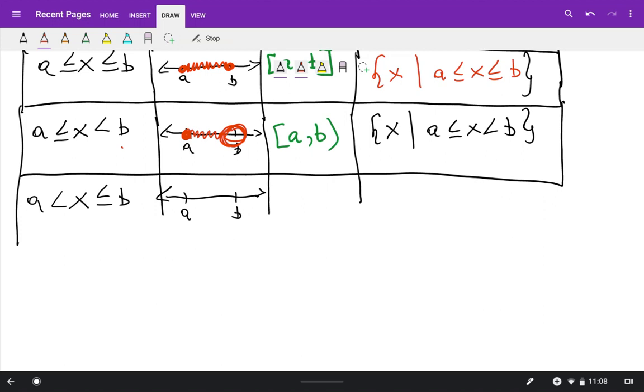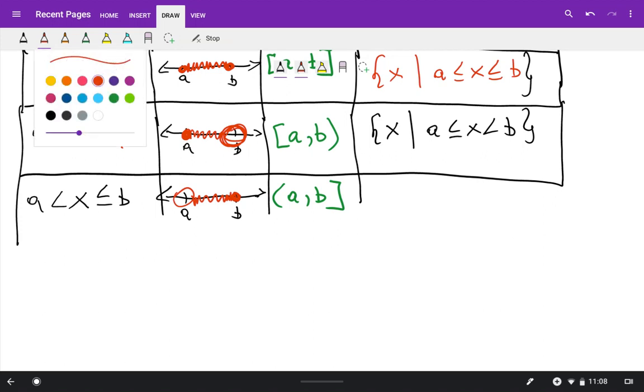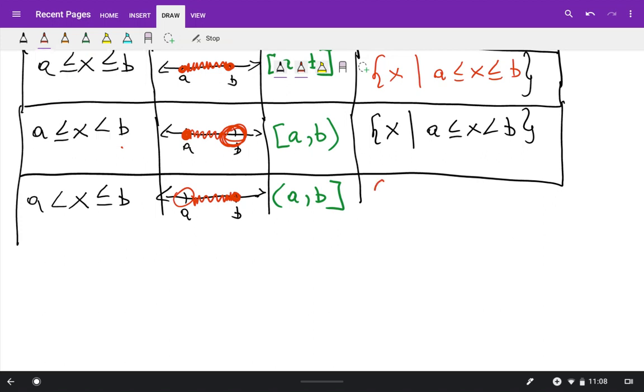In this case, a has an open circle, b has a closed circle, and you're shading everything between. So interval notation will be parenthesis a comma b bracket because we're including b in this case. And set builder notation, it's going to be all the x's such that, and just copy the inequality. a is less than x, x is less than or equal b.